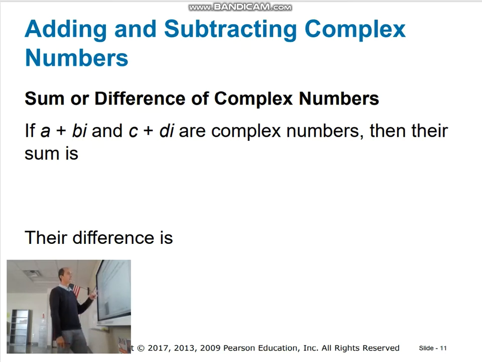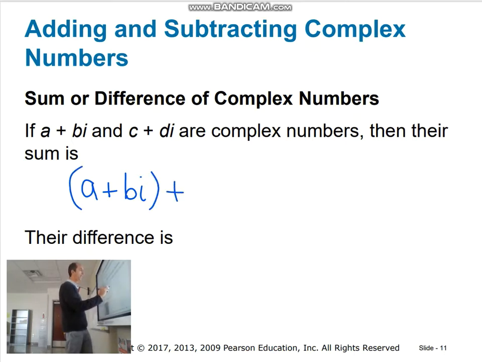Sum or difference of complex numbers: if you have a plus bi, this is one complex number. a and b are real numbers, right? Any real numbers. And i is the imaginary unit. You want to add this to c plus di.